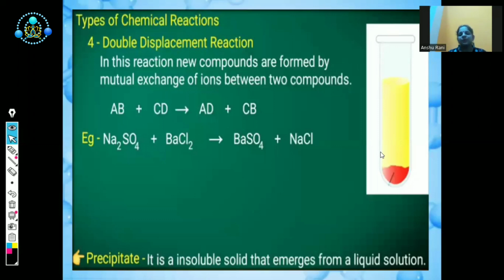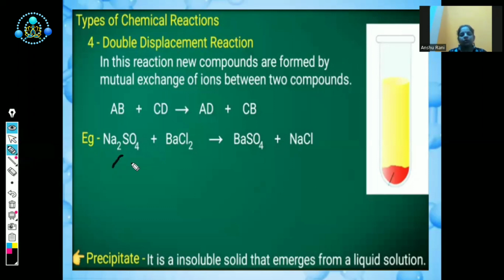Next is double displacement reaction. In double displacement reaction, there is mutual exchange of cations and anions. Sodium sulfate reacts with barium chloride to form barium sulfate plus sodium chloride. It is an ionic reaction.